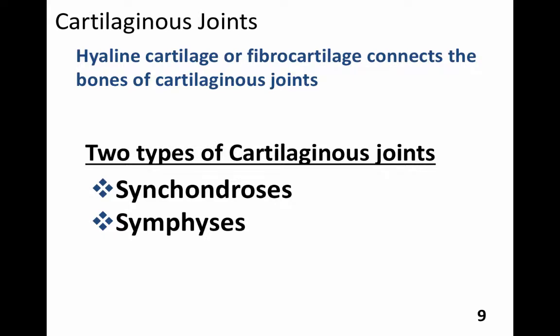So let's talk about cartilaginous joints here. In here we have two kinds. We have synchondrosis and symphysis that we're going to be talking about.